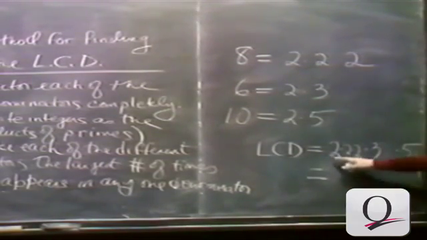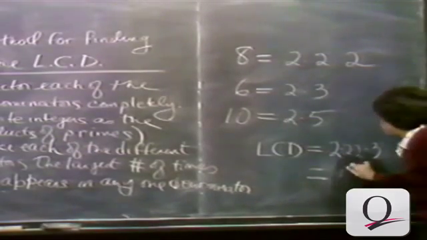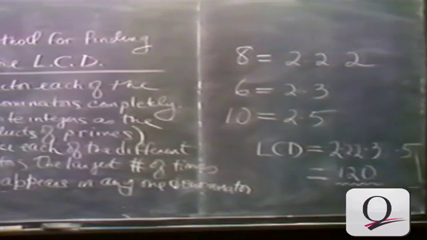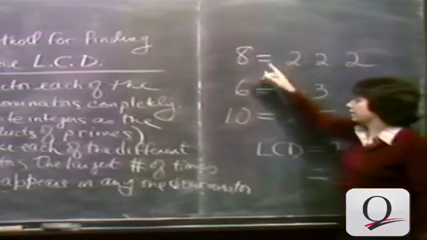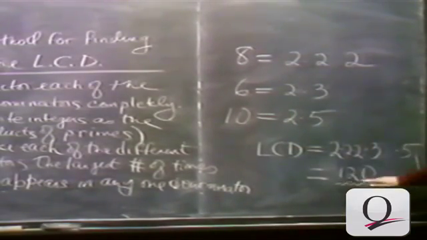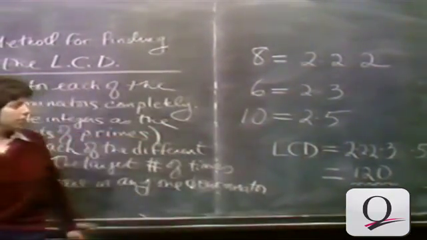This gives us 2 times 2, 4 times 2, 8 times 3, 24 times 5, 120 for the lowest common denominator. As I mentioned before, nothing catastrophic would happen if you used 8 times 6 times 10, 480, but it usually is a lot better to use the smallest number such that 8, 6, and 10 are all divisors of that number.